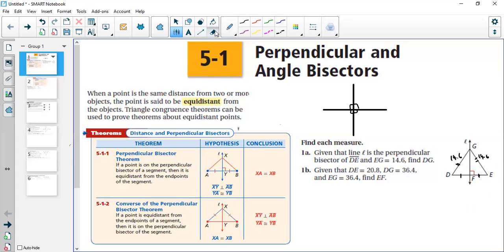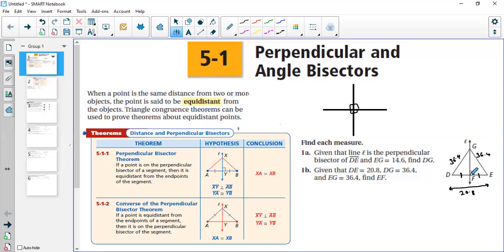Right, so let's look at part B. What is part B saying? Given that DE, the complete distance, is 20.8, so from D to E it is 20.8. You know that the distance D to F and F to E is equal. DG is 36.4, and EG is also 36.4, naturally, because of the bisector.